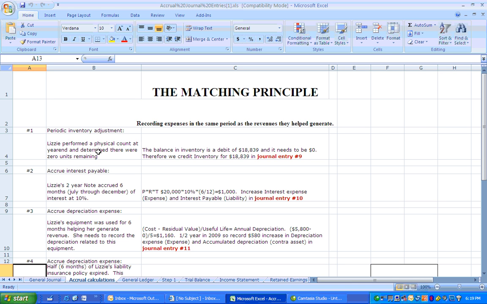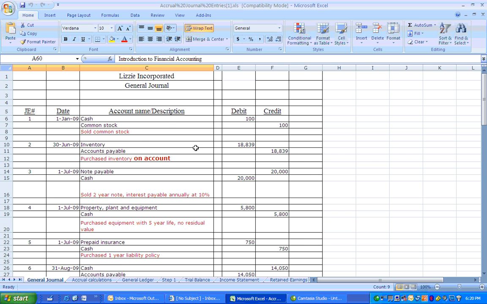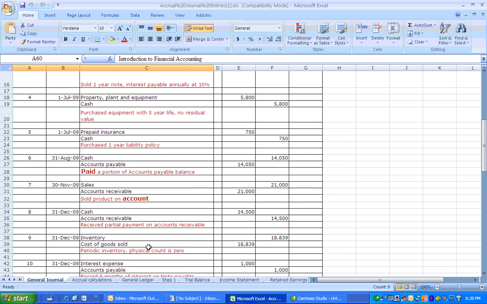The balance was $18,839, but it should have been 0. So what we needed to do is credit inventory, reduce that by $18,839 and bring it down to 0. The debit side of that journal entry goes to number 9, cost of goods sold. Those were all the expensing of the inventory.